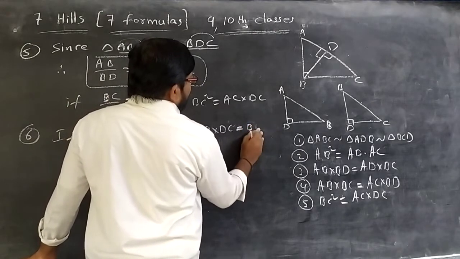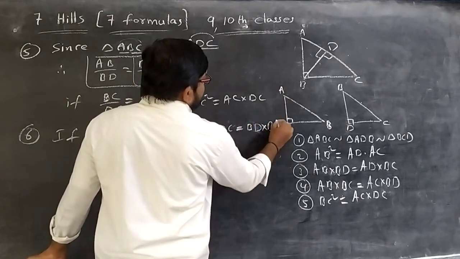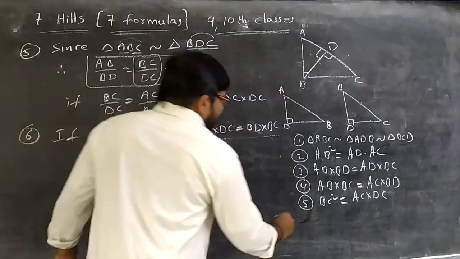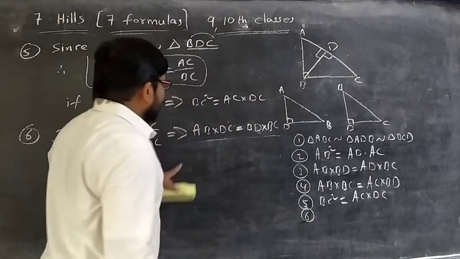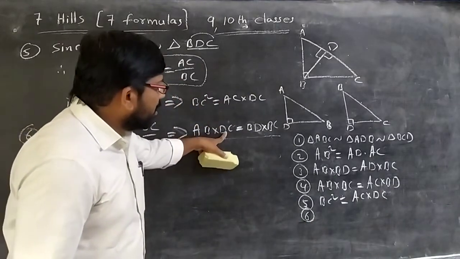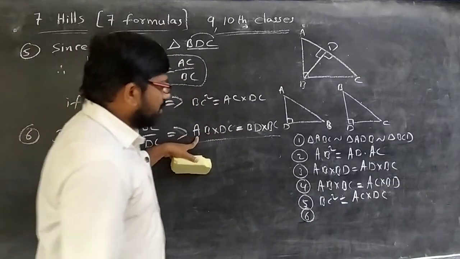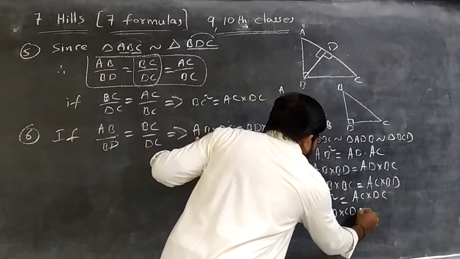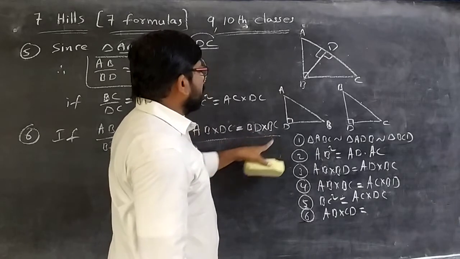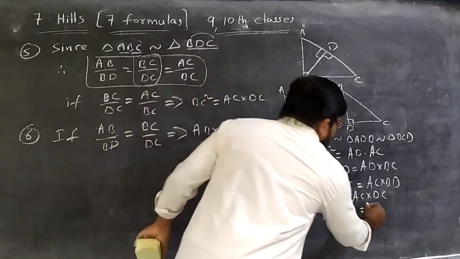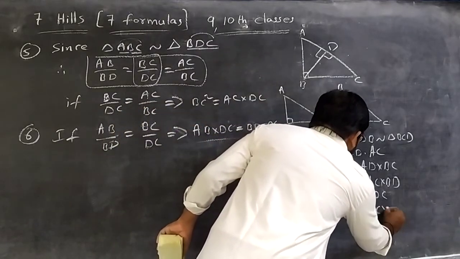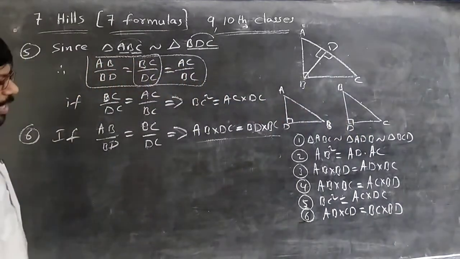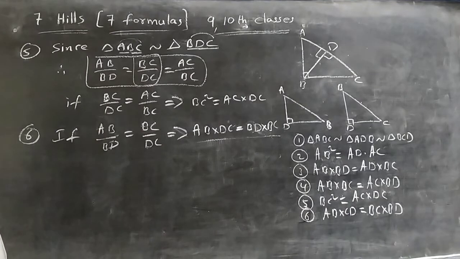It is the sixth formula: AB into CD can be written as BD into BC or BC into BD. That is the sixth one.